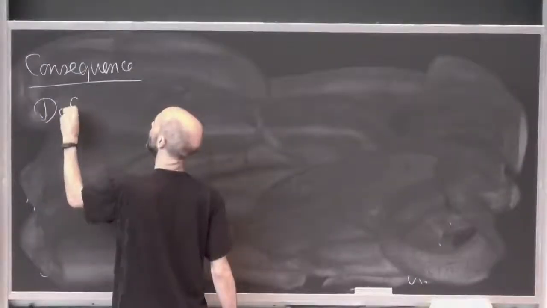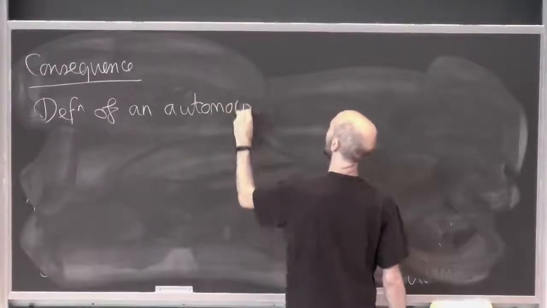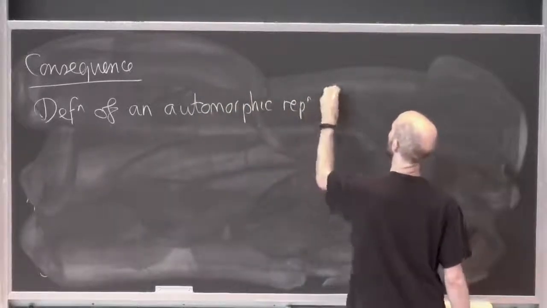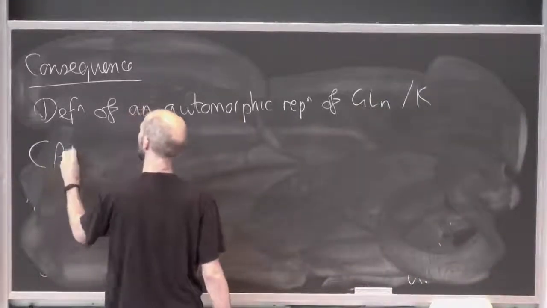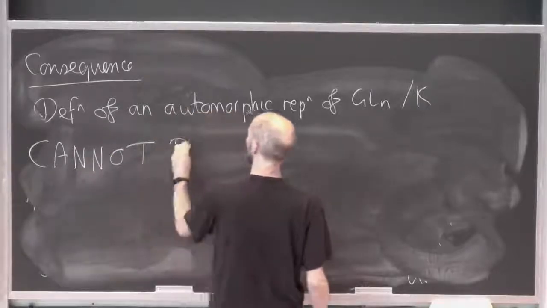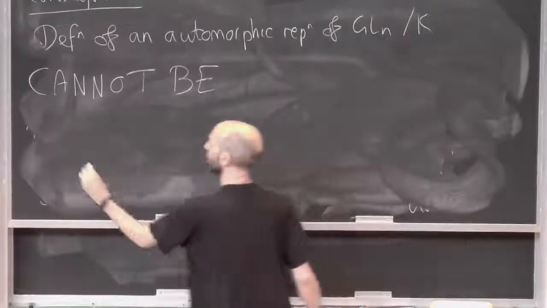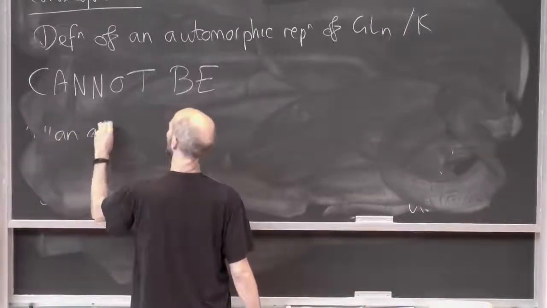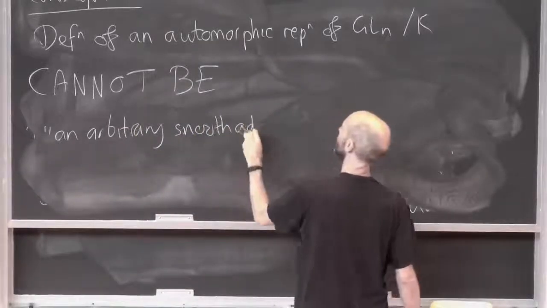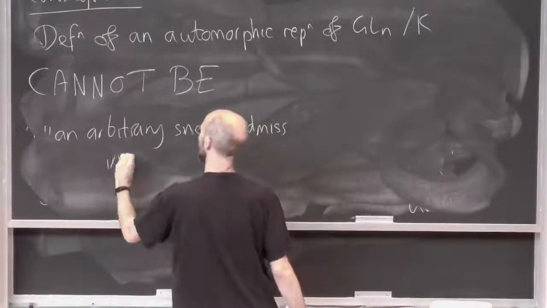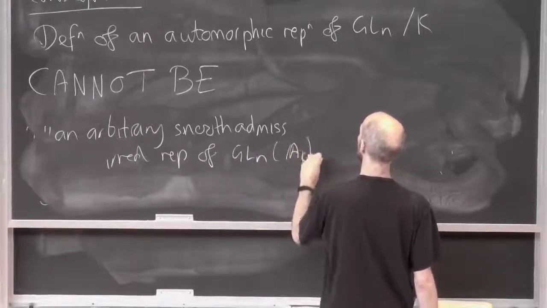The definition of an automorphic representation of GLn over k cannot be an arbitrary smooth, admissible, irreducible representation of GLn of the adeles of k.